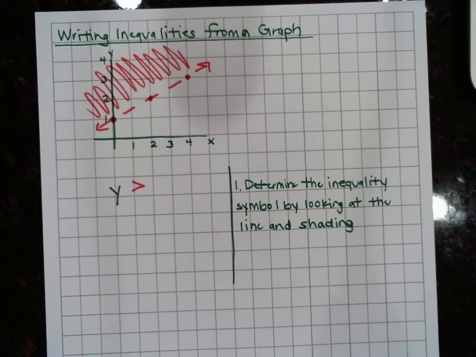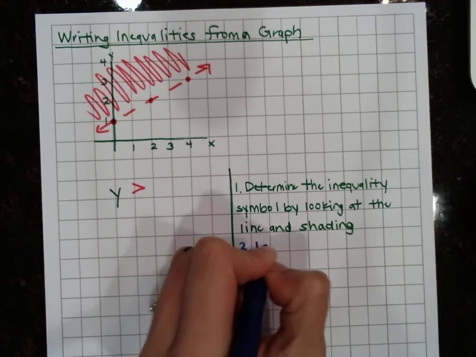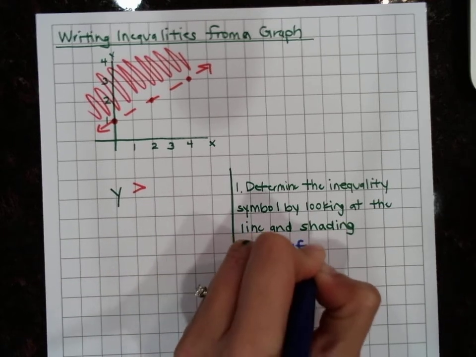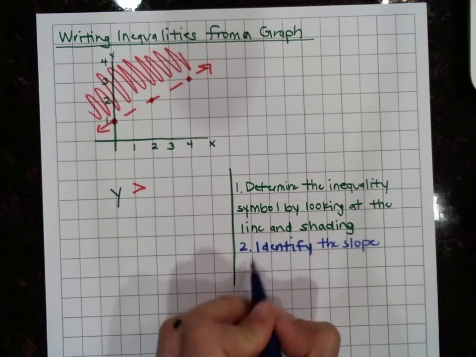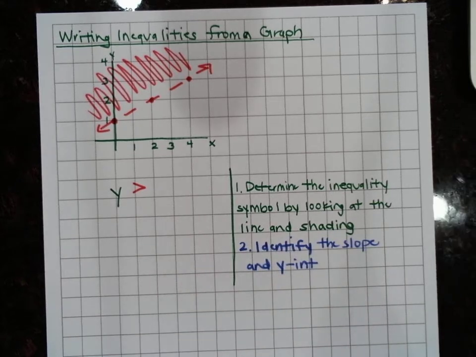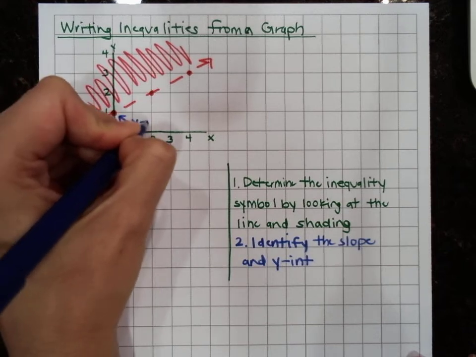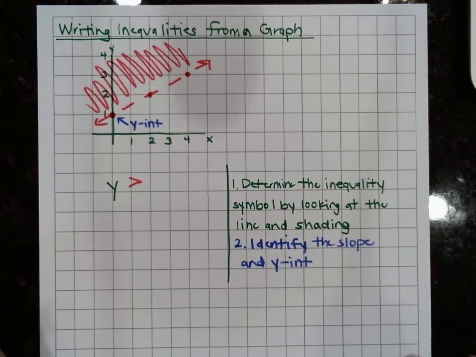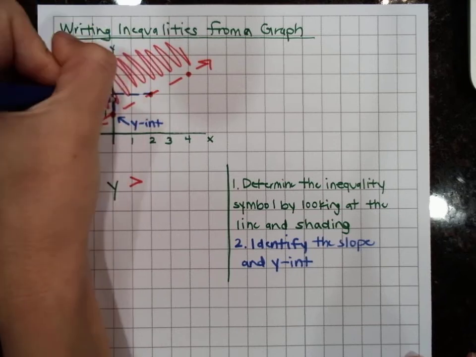The next step we need to do is identify the slope and y-intercept. So we go to our graph, and right here is our y-intercept. And then our slope, we pick 2 points, draw a slope triangle.